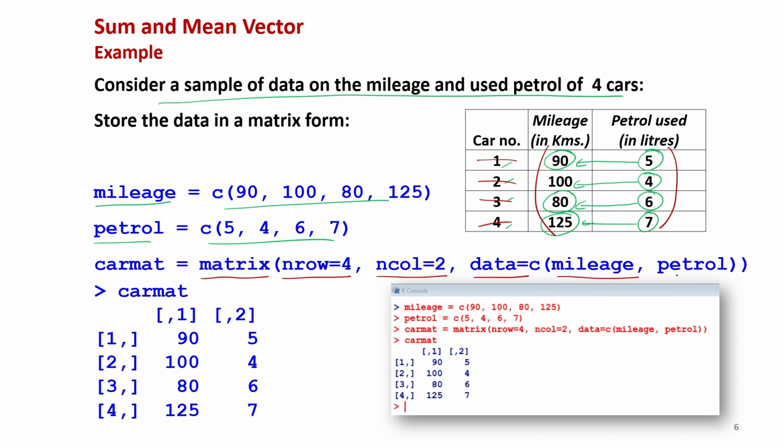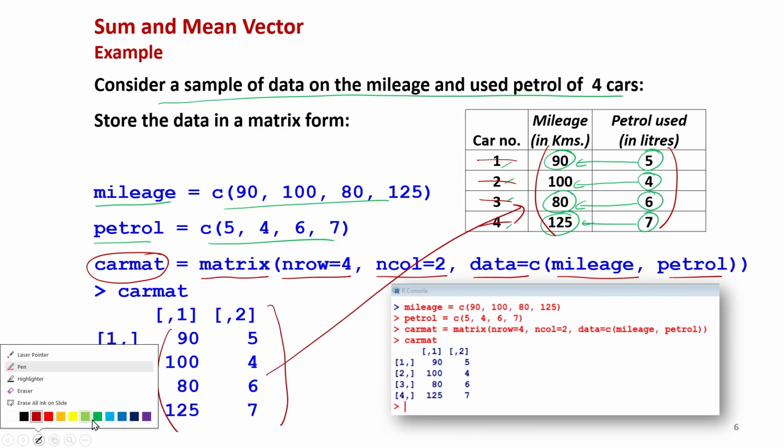The data vector of mileage and petrol. This data is stored in carmat, meaning car data in matrix format, and it looks like this. You can see this data is exactly looking like this, right.